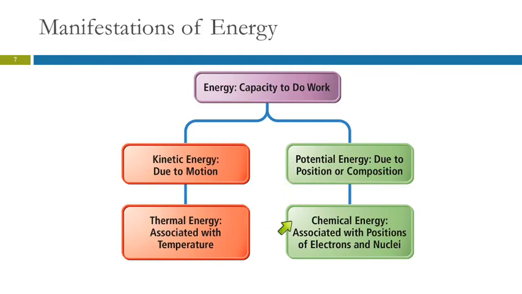What we're most interested in chemistry is chemical energy. And here we're not looking at how far the marker is above the ground. This chemical energy arises from the positions of the charged particles inside of atoms. So positive protons, negative electrons, how are those arranged? That gives rise to chemical energy. Any questions?